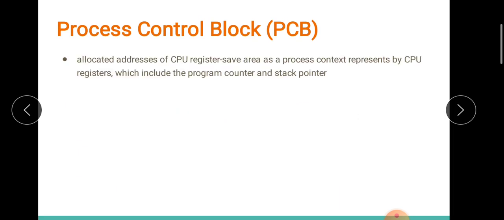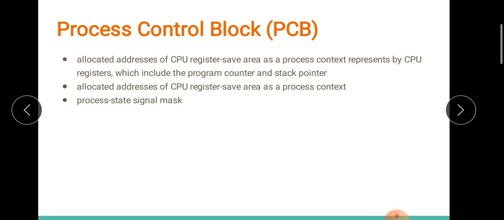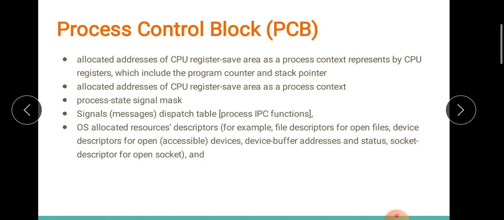Along with that, it has addresses for the CPU registers where your values or data are stored during execution, the CPU register save area as a process context. The process states and signal mask, the created, ready, running, blocked, completed states and their statuses are stored, and the signals that a process transfers or receives are all included in the PCB, right?